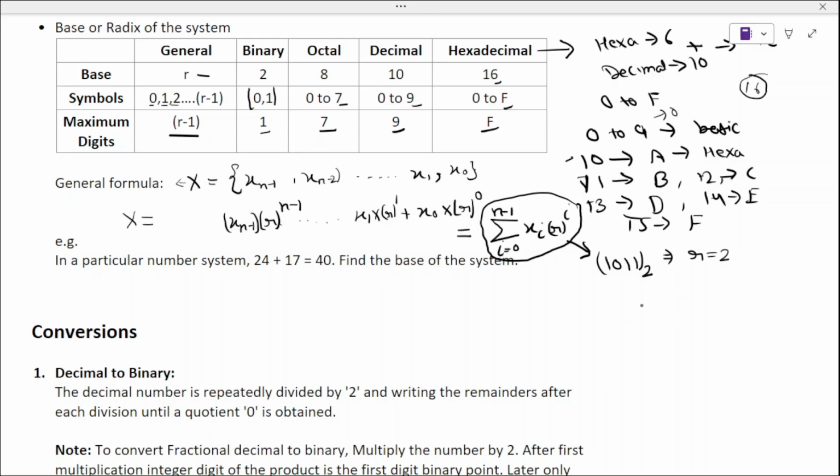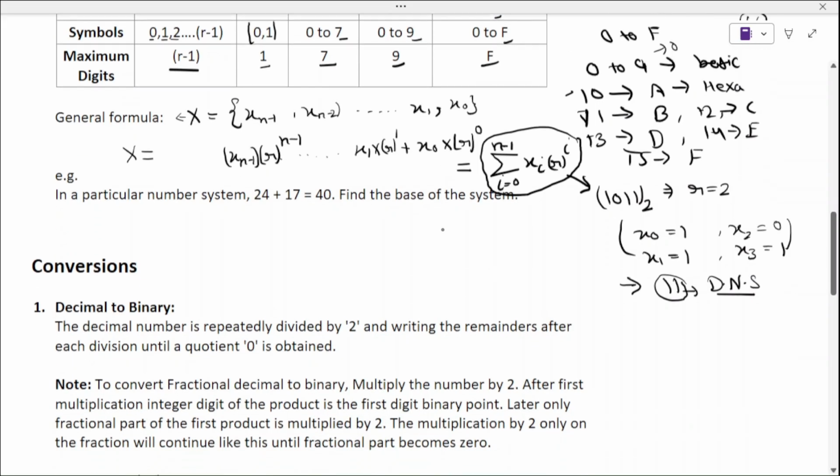So x0 is 1, x1 is 1, x2 is 0, x3 is 1. If you put all the values in this formula, you will get the answer 11. That is my integer in the DNS, decimal number system.